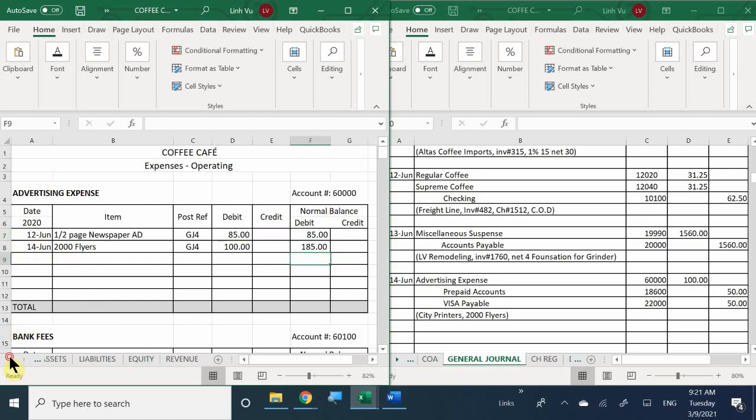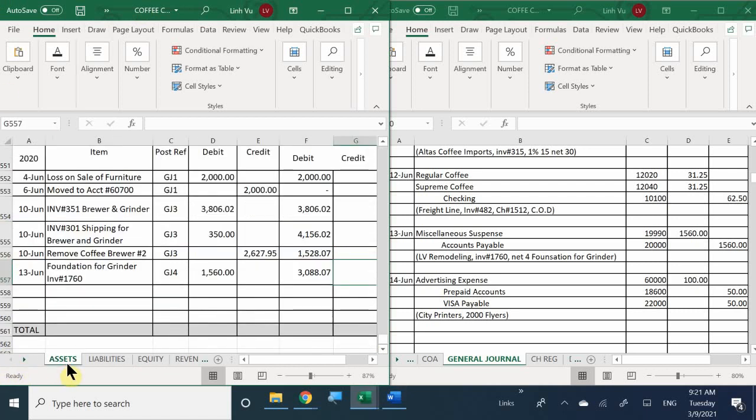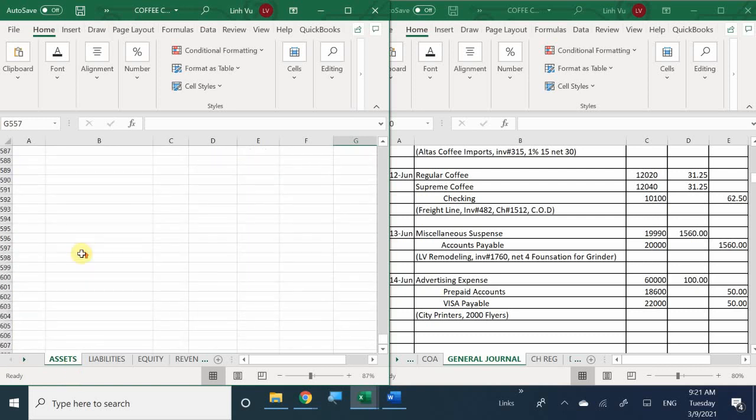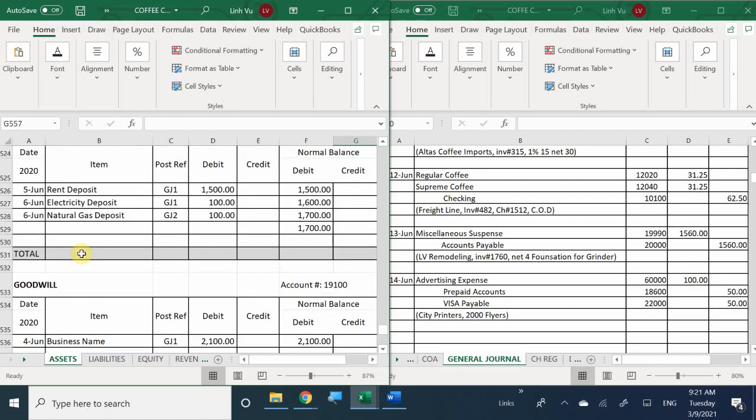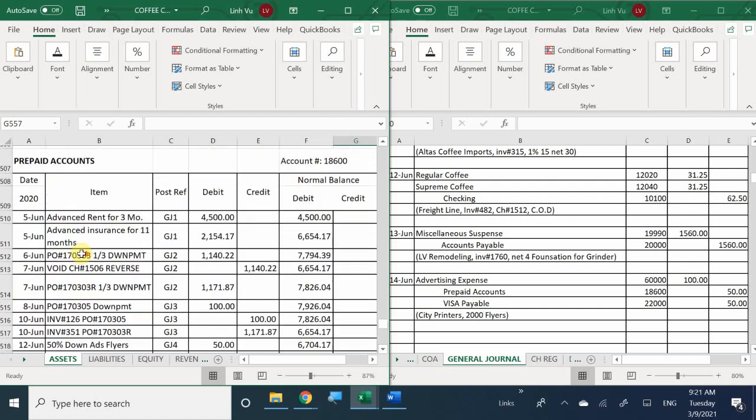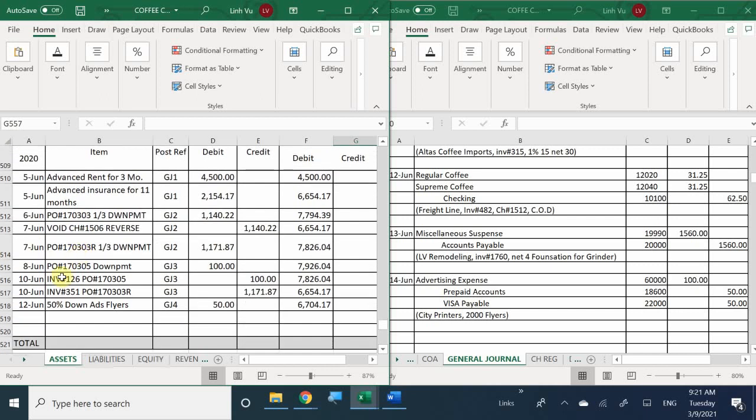Now I'm going to go down to my assets because I redeemed my voucher for the prepaid amounts. So I'm going to scroll up till I find prepaid accounts. All right, here we are, prepaid accounts. June 14.